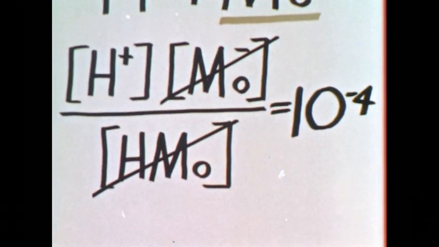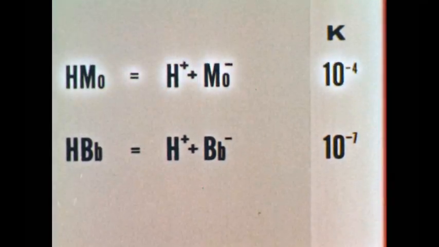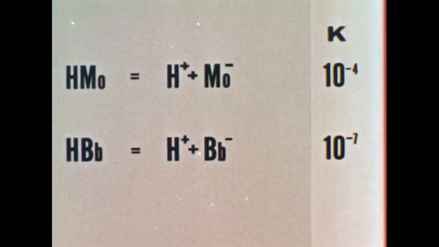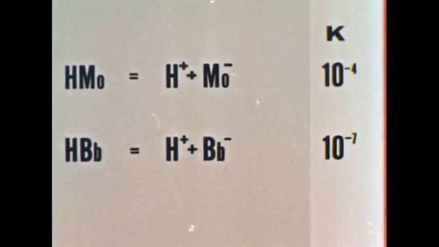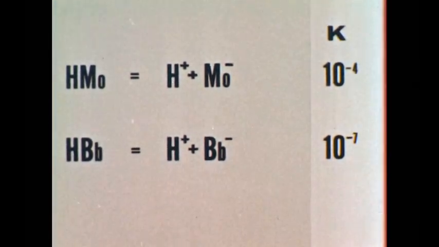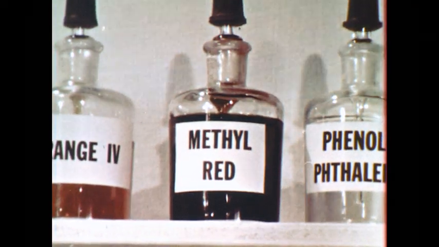We showed that the equilibrium constant of bromothymol blue is 10 to the minus 7. Methyl orange, with an equilibrium constant of 10 to the minus 4, must be a stronger acid than bromothymol blue, and BB minus must be a stronger base than MO minus. Next, let's test methyl red.